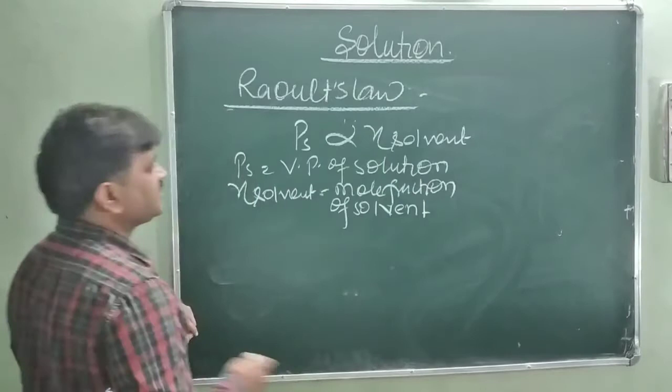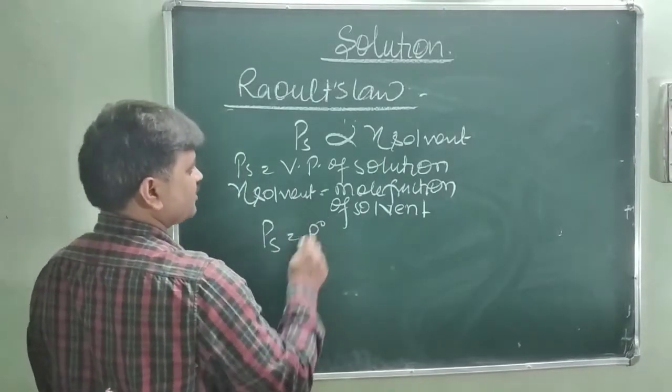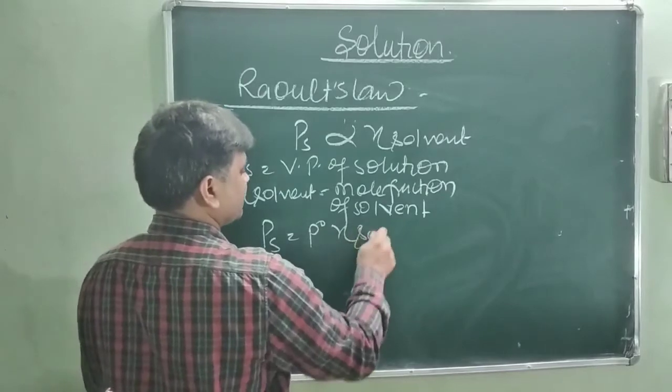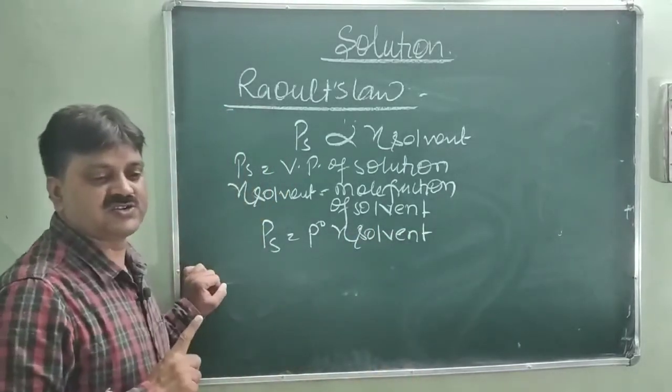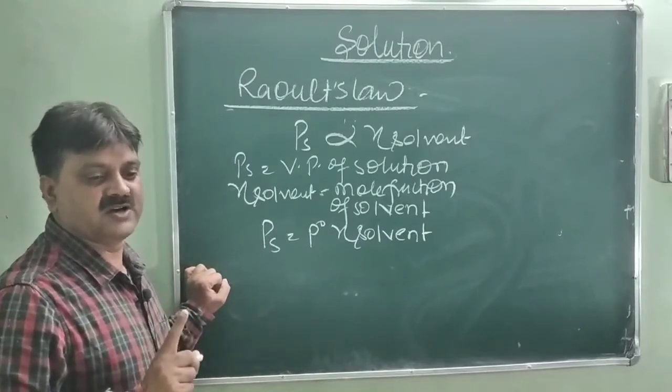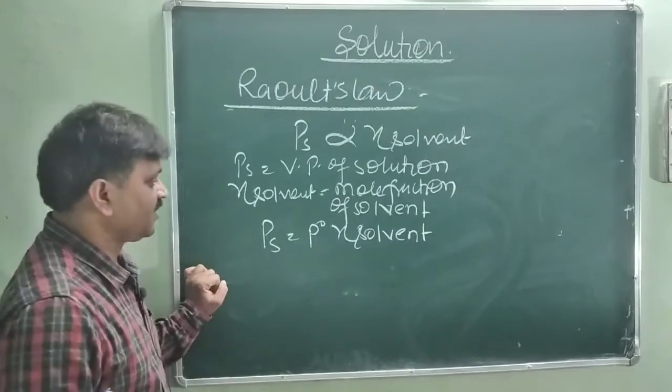So this proportionality constant gives PS is equal to P naught X solvent. P naught is the proportionality constant and is known as the vapor pressure of the solvent.